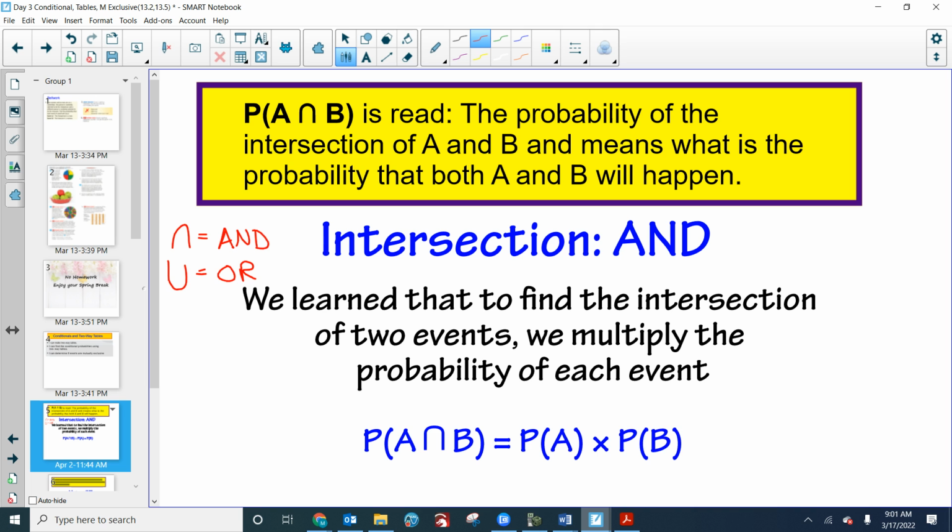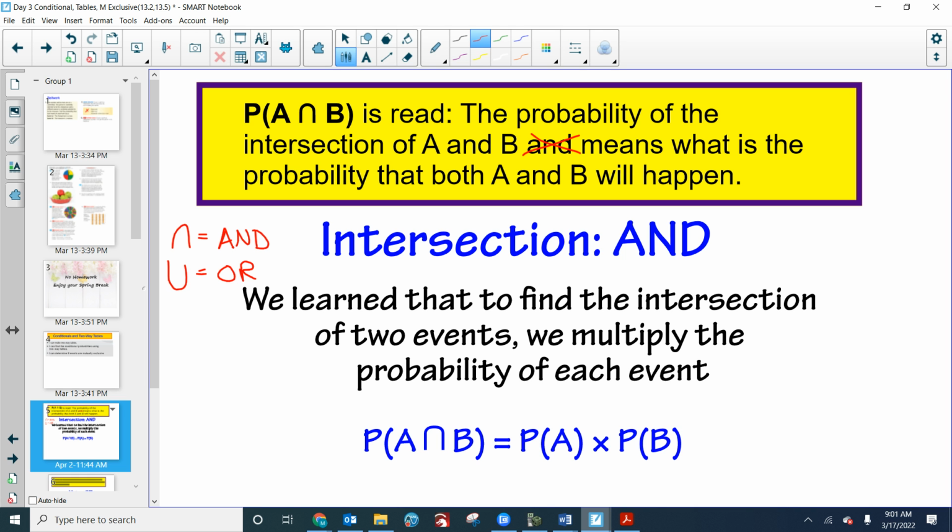Tough crowd. All right. What does this look like to you? How would this be easy to remember that that's an and? It kind of looks like an N. And this one doesn't. That's the way to remember it. And, or. All right. The probability of the intersection of A and B means what is the probability that both A and B will happen?